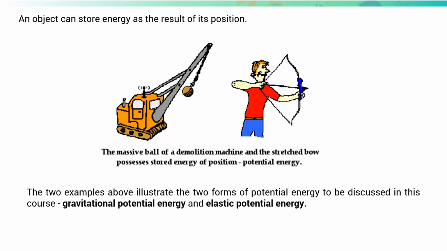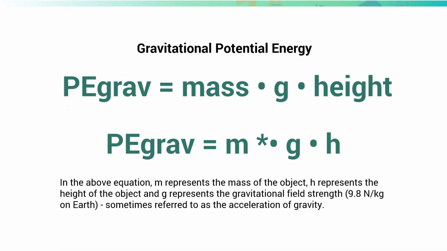There are two types: the gravitational potential energy and the elastic potential energy. Start first with gravitational potential energy. The formula is PE grav, or potential energy due to gravity, equals the mass of the object multiplied by gravity and then the height, or simply PE grav equals mgh.